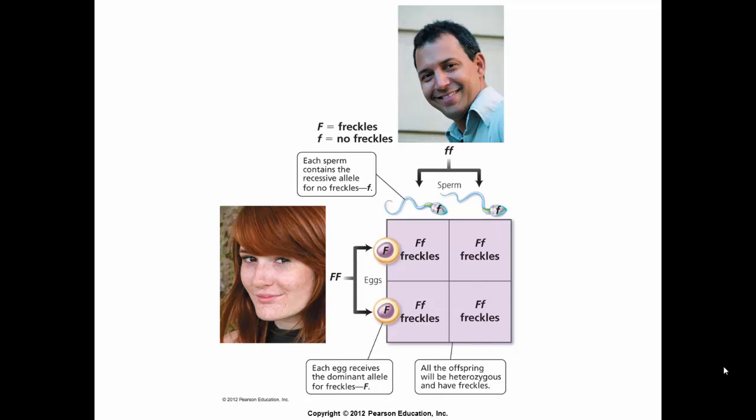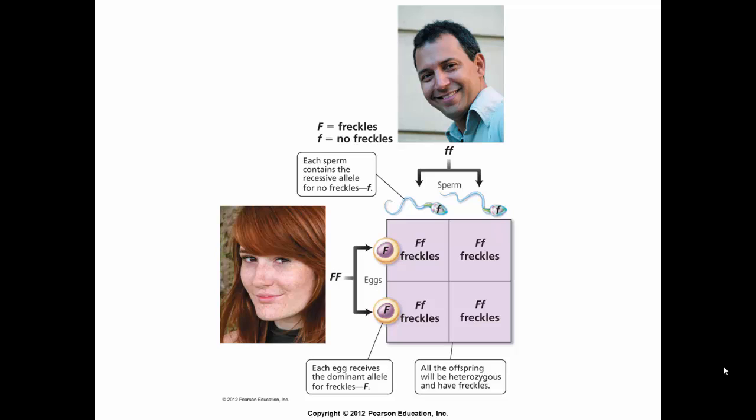So in this image it shows where we have a cross from the father, the sperm located at the top of the Punnett square. He was homozygous recessive because it's denoted by 2 lowercase.